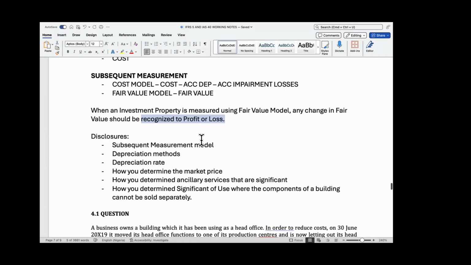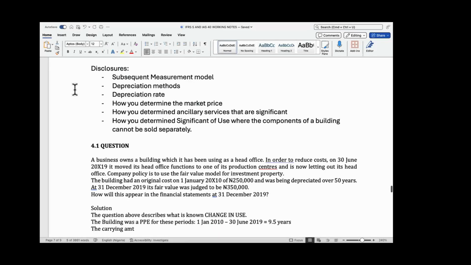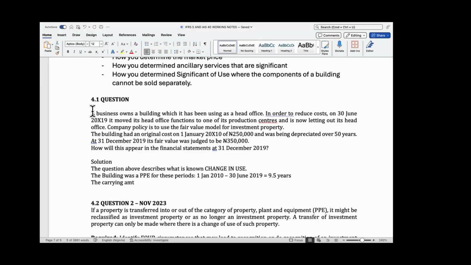After the correction last week, which was where we stopped. The question says that a business owns a building which it has been using as head office. In order to reduce costs, on 30th June 2019, it moved its head office function to one of its production centers and is now letting out its head office. Its company policy is to use the fair value model for investment property.